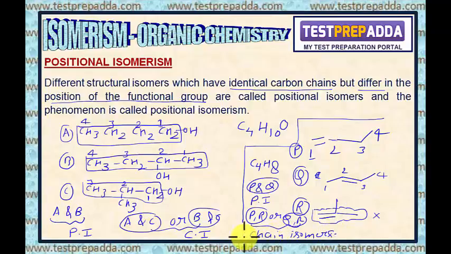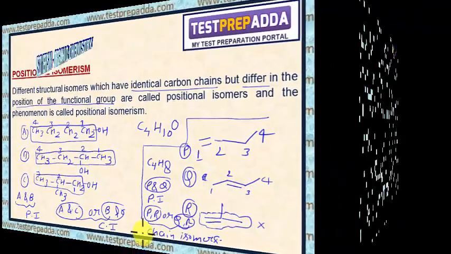So you can easily identify the difference in the chain isomerism and positional isomerism. Okay, students, in the next lecture, I will tell you about the degree of unsaturation. And I will tell you the methods to write the isomers of compounds with the help of degree of unsaturation. Okay, all the best.